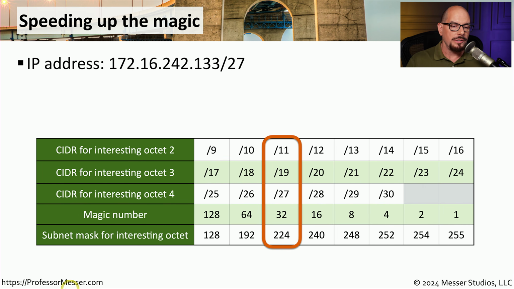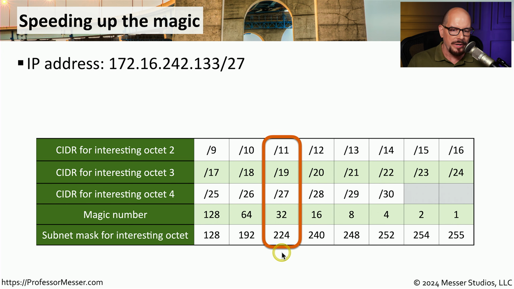If you've already created a chart that shows all of the possibilities of an interesting octet, CIDR block notation, and has the magic number predefined along with the subnet mask for the interesting octet, you can perform this entire process in one single chart. Let's take the example of 172.16.242.133/27.